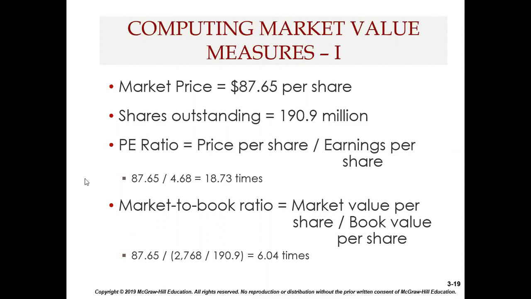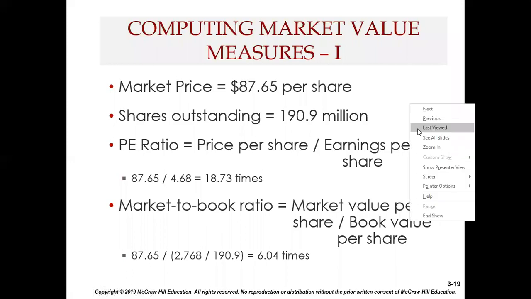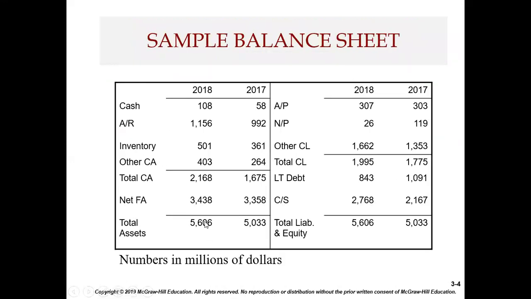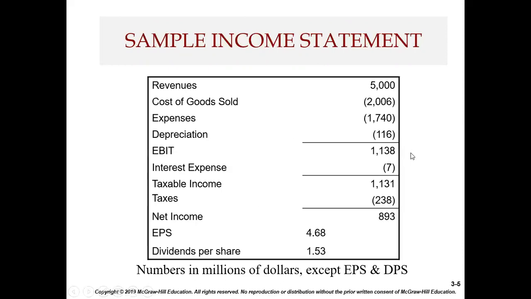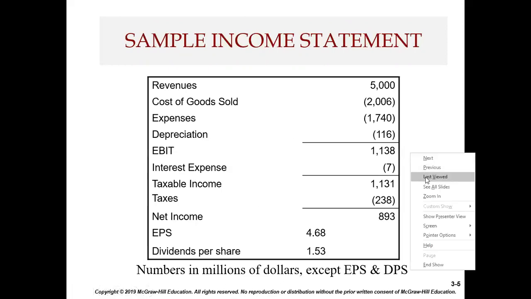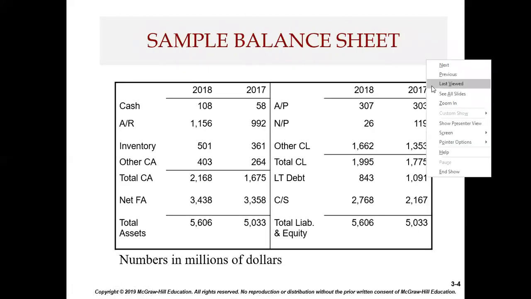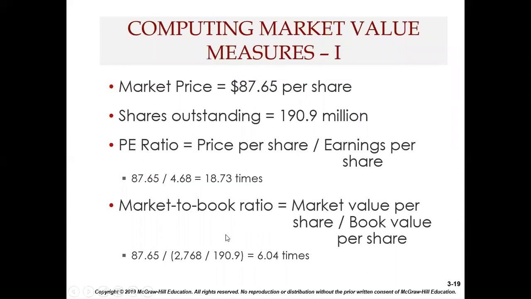Book value, remember, is the value of the balance sheet. So let's go back to the balance sheet. Right now, the common stock's book value is at $27.68. So that's how much the company received in investments and has in earnings. Let's convert that to a per share amount.